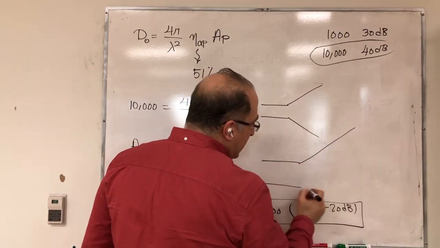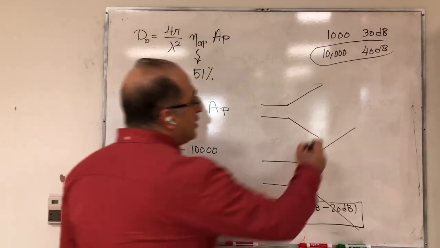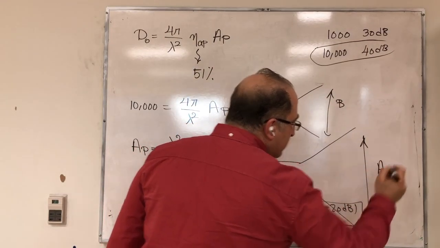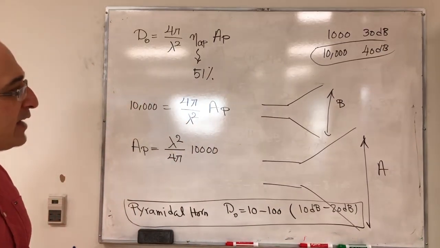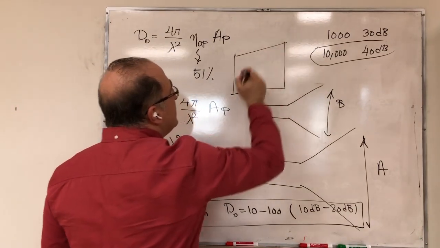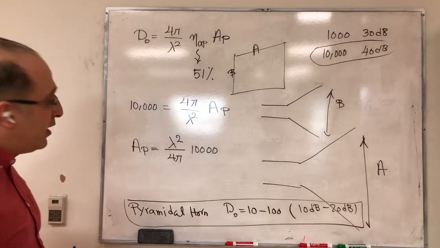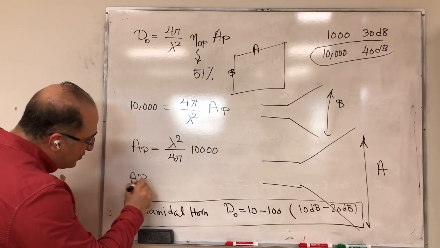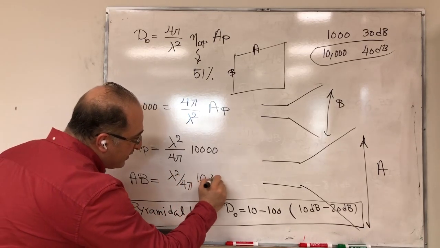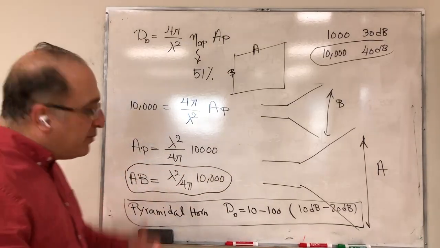One of them was A, the other one was B. So this one was of course B, this one was my A. That was the aperture of the horn, and if you look at the aperture of the horn, you essentially see a rectangle, A and B. So this physical area is essentially A times B, which needs to be lambda squared over 4 pi times 10,000. So this is what we have under this simplified assumption.